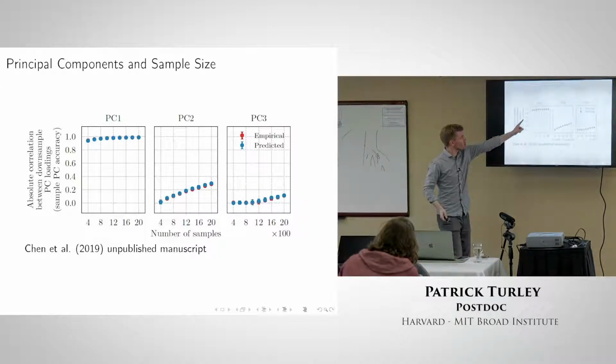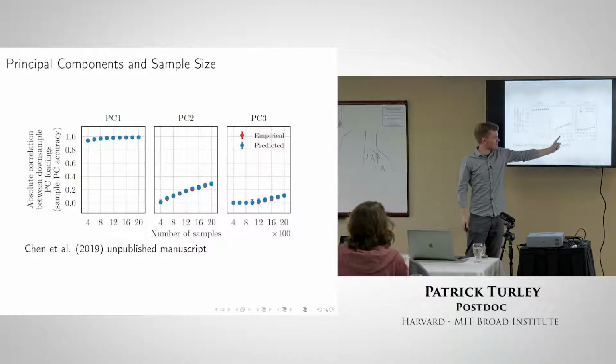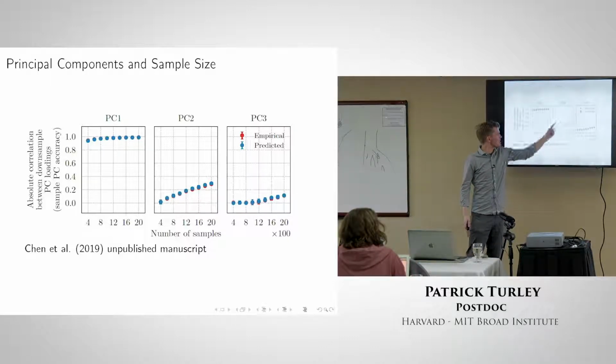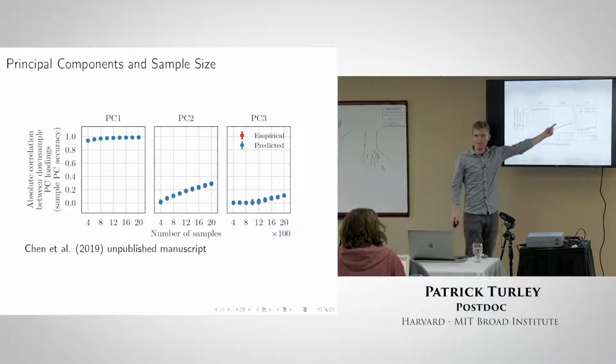That's exactly right. So the first PC is capturing where the maximum variation exists, and so even in small sample sizes, we get a pretty good estimate of the first PC in a small data set. But the second PC, even with 2,000 individuals, the correlation of PC2 with the true PC2 is 30%.